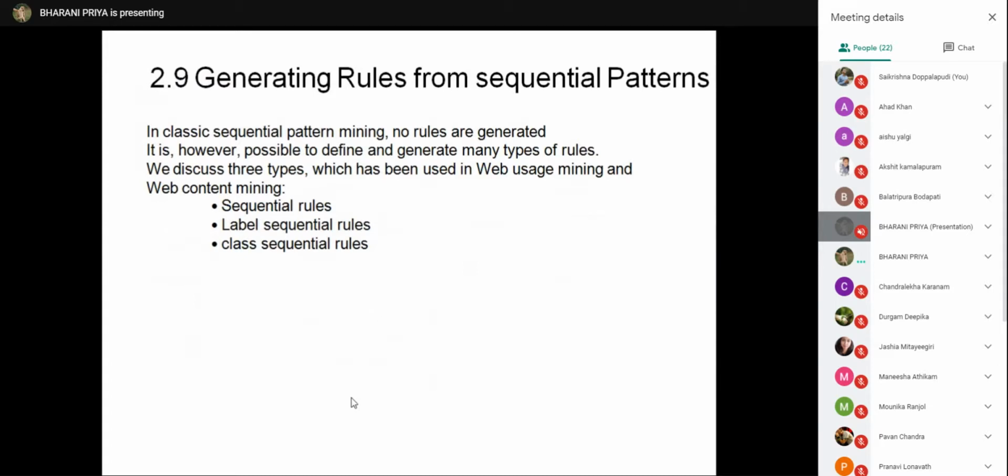So generate sequential patterns. If you have observed, in classical sequential patterns we are not generating the rules. But we can define the rules. Here we'll discuss 3 types, which are used in web usage mining and web content mining: sequential rules, label sequential rules, and class sequential rules.